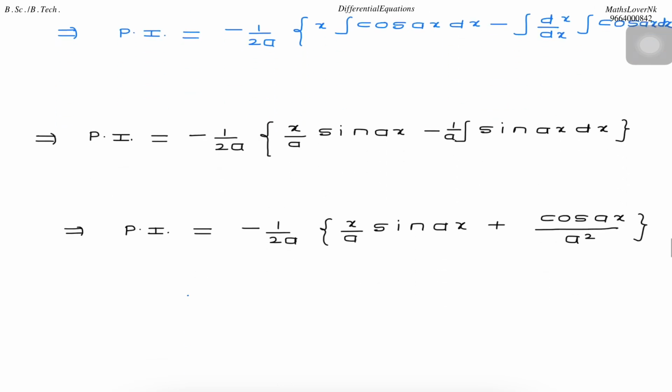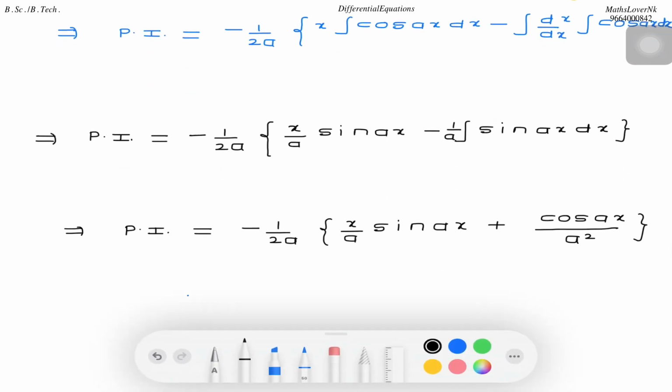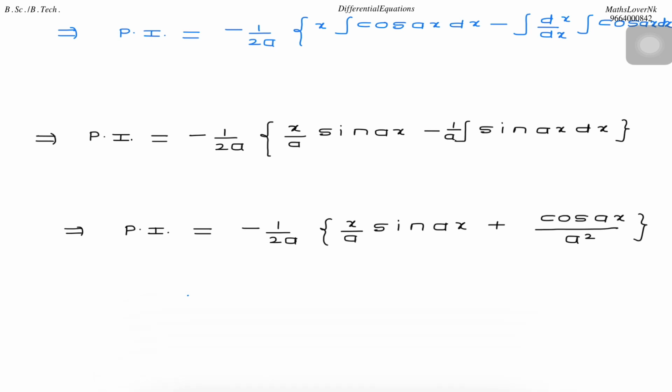When we solve, we get PI = minus x upon 2a² sin ax minus 1 upon 2a³ cos ax. That is our PI.